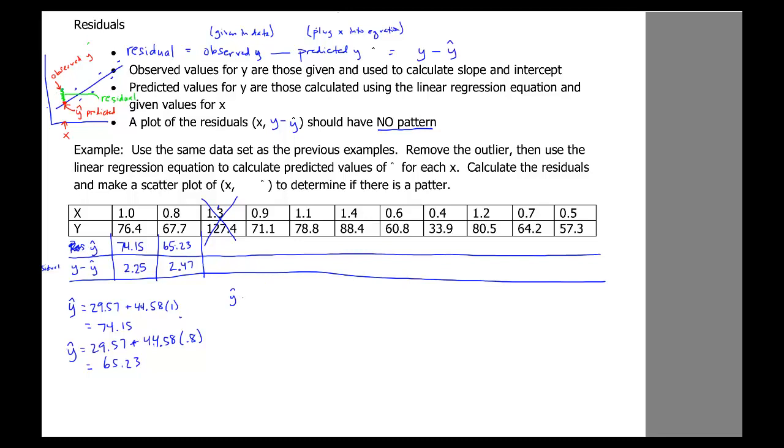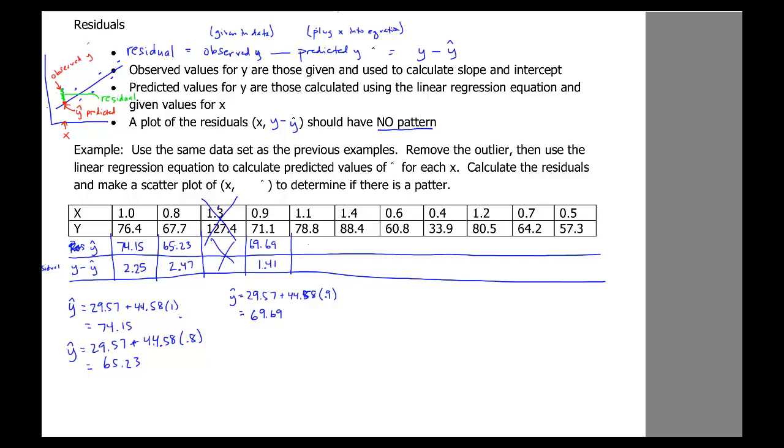Next one is 0.9. We're skipping the outlier. And for this one, we get 69.69. So 71.1 minus 69.69, we get 1.41 there.